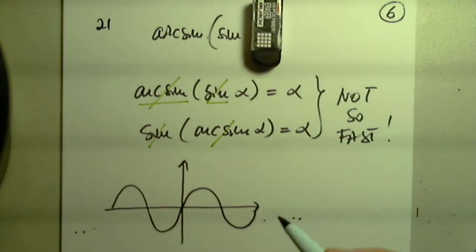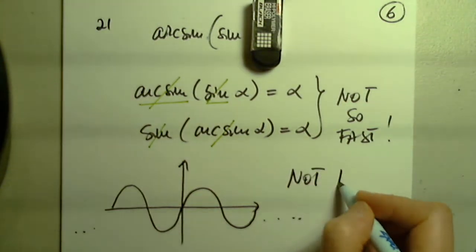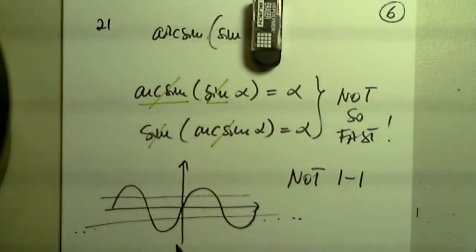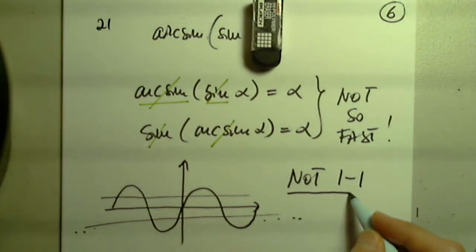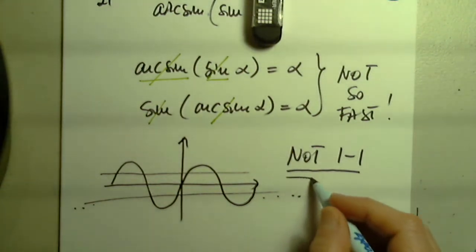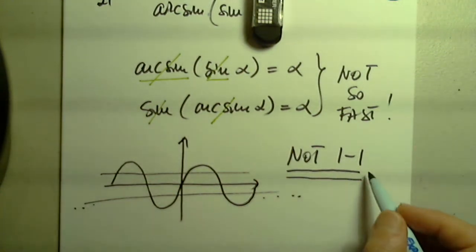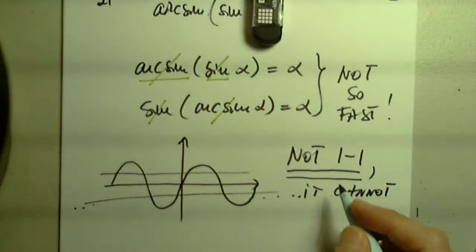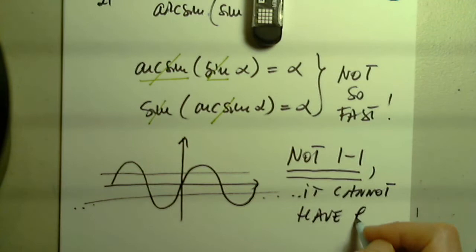How can a function that is not one-to-one by the horizontal line test, this is not one-to-one, have an inverse? That's not possible. Not one-to-one, it cannot have an inverse.